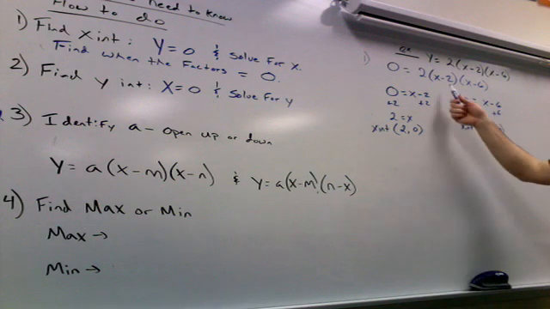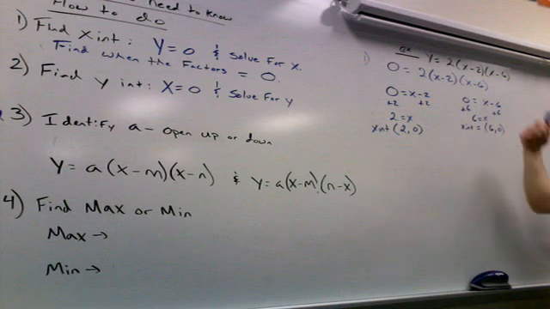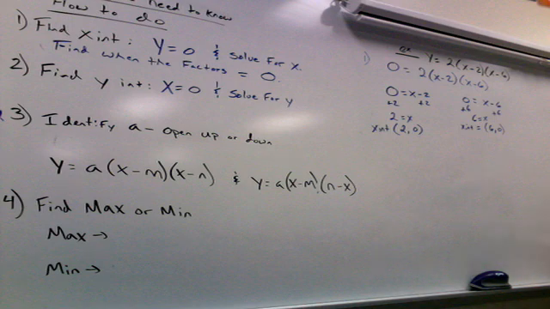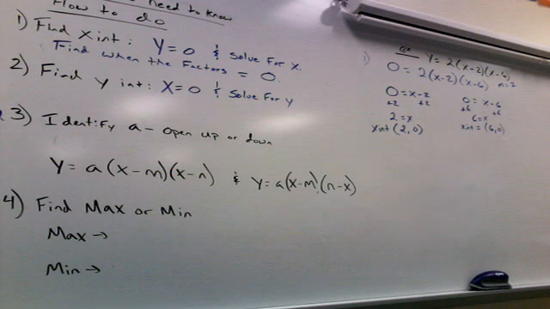If I look back up here at x minus 2, x minus 6, and I compare it to our factored form, what is our m value? It's x minus m, so m is just 2. What's our n value?